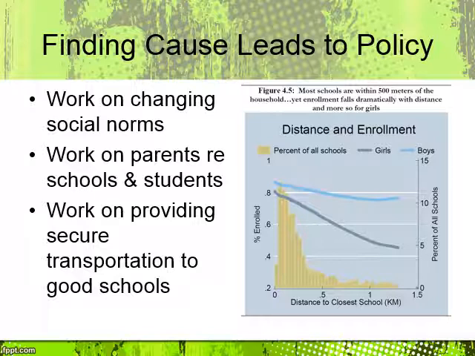So the third hypothesis, which we find is confirmed by the data, would require providing security, providing secure transportation to schools, and taking care of the issues that the parents have in terms of sending their girl children long distances. So depending on which of the three causes that we considered is the cause, the remedial action, the policy would be different. But again, the data will tell us nothing about this.